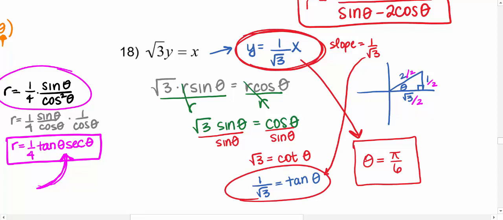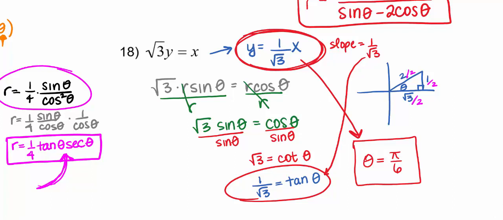Right? If I think of slope of the tangent line, or I think of first derivative, or I think of the slope being 1 over rad 3, I'm thinking of tangent. And so I don't know if that helps you get from A to B, right? But I can get there regardless, just looking through my polar conversions. So theta equals pi over 6.